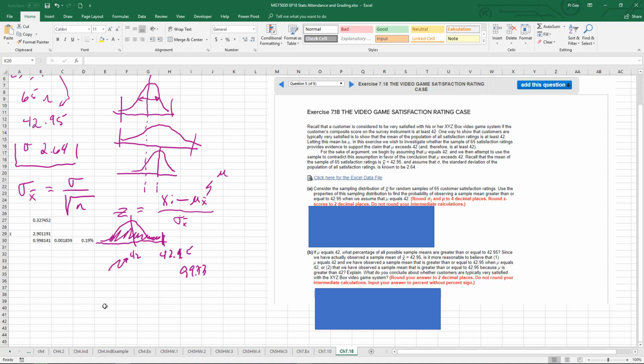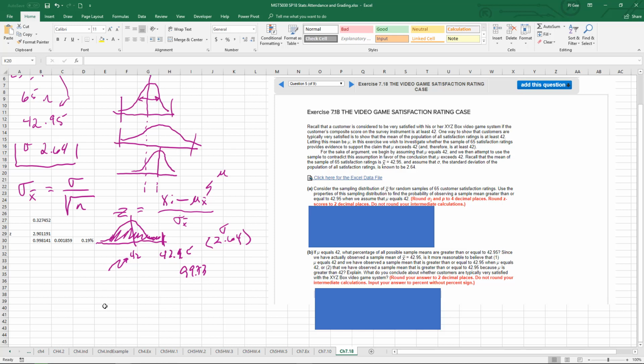And when we went and we sampled and we got 42.95, based on other things we knew, most especially that we had this magically prepared number of 2.64 as the population standard deviation. That's a gift. Think about how you would actually get that. We don't know the mean. Why would we know the standard deviation of this process?